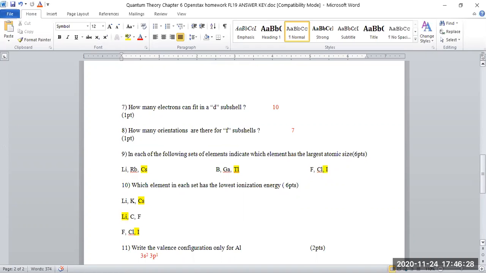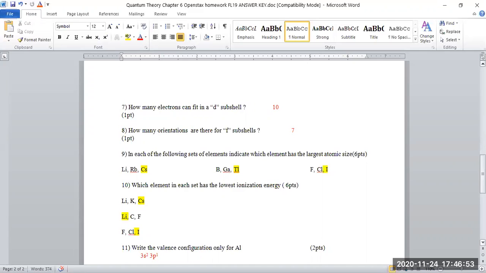Then we start to hit table trends. One of the things we said about atomic size is that the lower left-hand corner is biggest, and the upper right-hand corner is smallest. So each set either follows a row or a column.